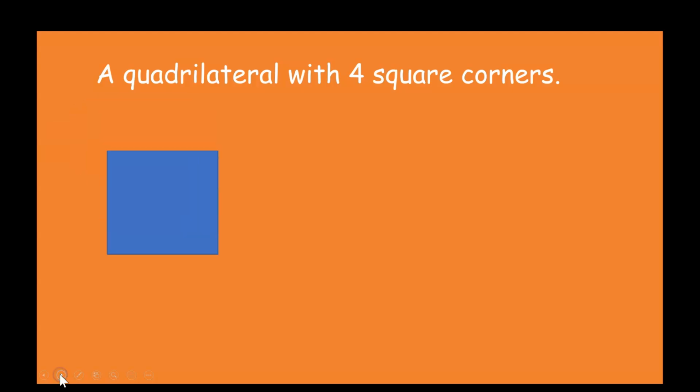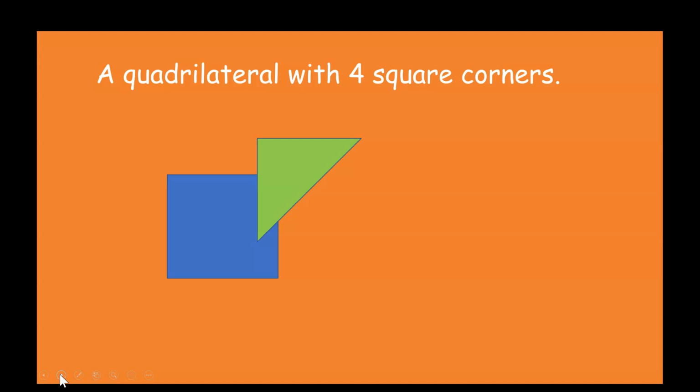So this is how I put it together. I took the square and I put a triangle on right this way, and I flipped the other triangle and put it this way. And I have my 4 square corners, or angles, 1, 2, 3, 4 here. And it's a quadrilateral because it has 4 sides and 4 angles.